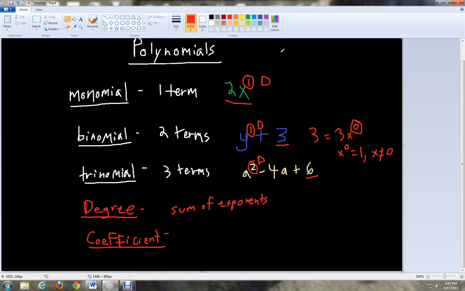Okay, what if we have something a little bit different? Let's say we have 2 variables with different exponents. Notice that we have the sum of exponents, so we need to add them together.